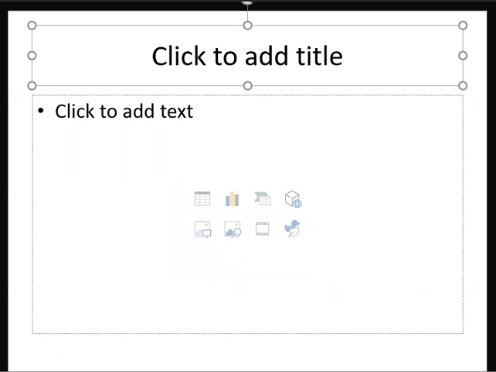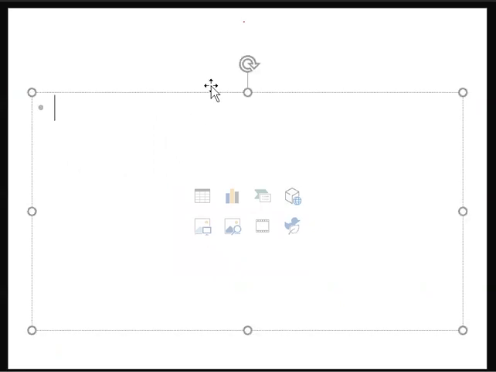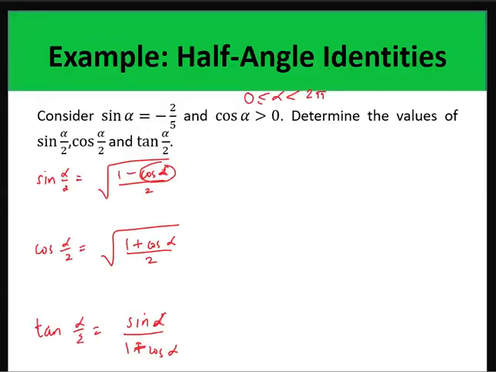Let's remove this first. Okay, now the given information are sine alpha is equal to negative 2 over 5, and cosine of alpha is positive.